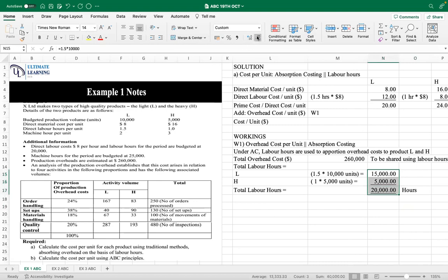Let me round off. So these 20,000 we were even given in the question here: direct labor hours, $8 per hour, and labor hours for the period are budgeted as 20,000.